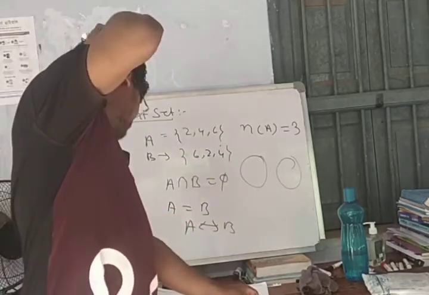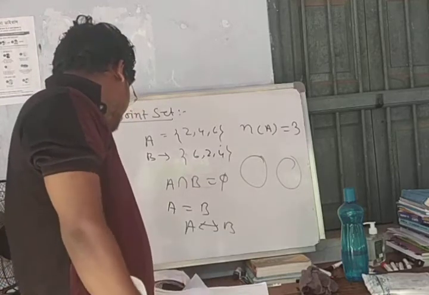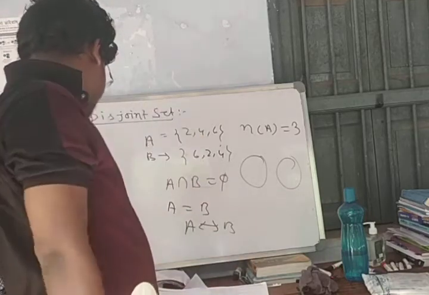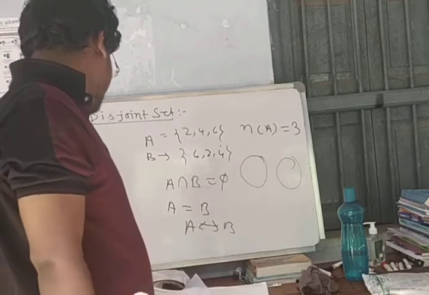And the cardinal number. There are some basic results about the cardinal number. The most important basic result is n(A union B) equals n(A) plus n(B) minus n(A intersection B).